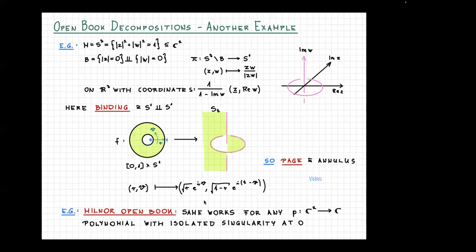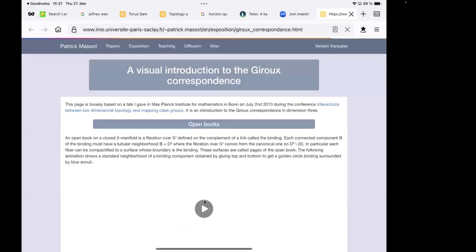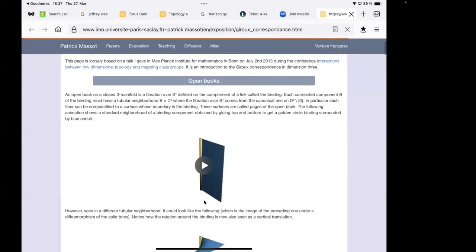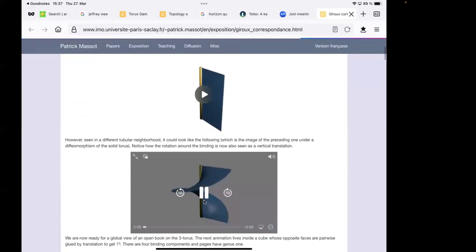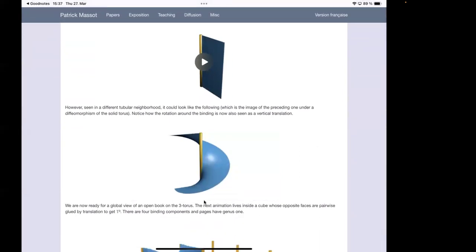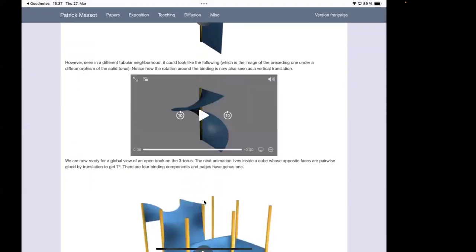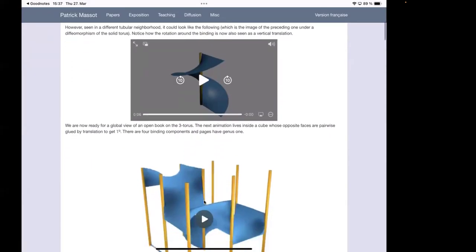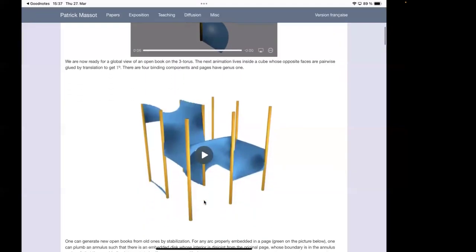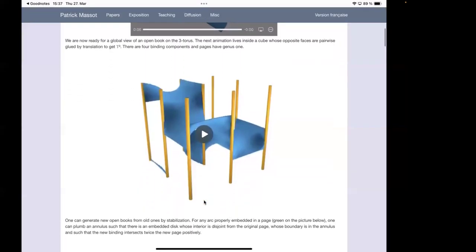Oh, actually, I have a video here. Okay, so this is how it looks near the pages. Do you see this? It has a lot of twisting near the pages. I wanted to show you this too. I forgot it.